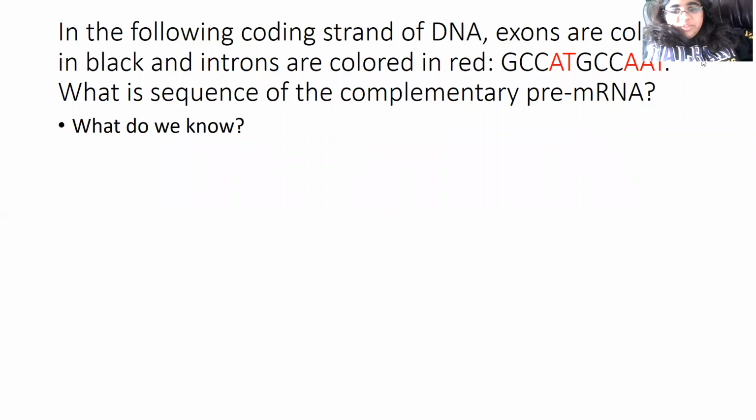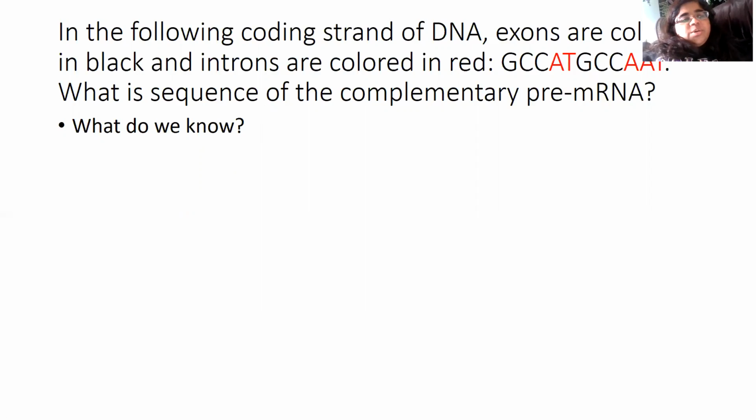In the following coding strand of DNA, exons are colored in black and introns are colored in red. So this is our sequence in the coding strand. What is the sequence of the complementary pre-mRNA?